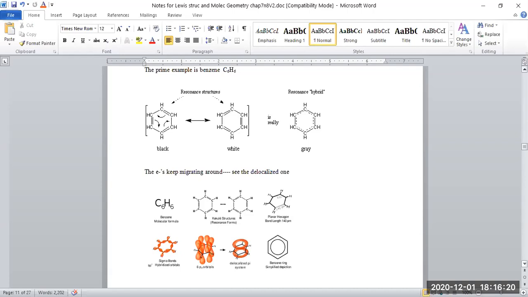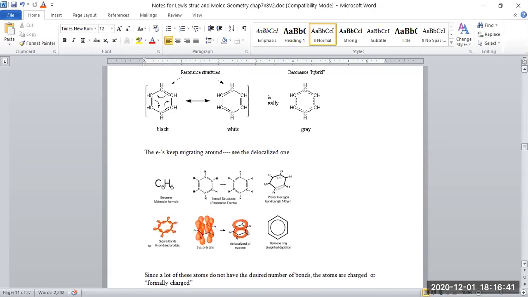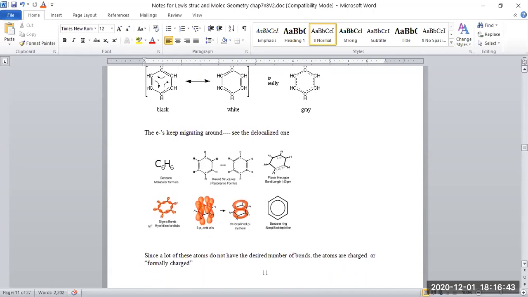So if you combine the first two pictures there, look at the one labeled resonance hybrid. In reality, it's smearing those double bonds into a circle, which is why I included some extra pictures here.